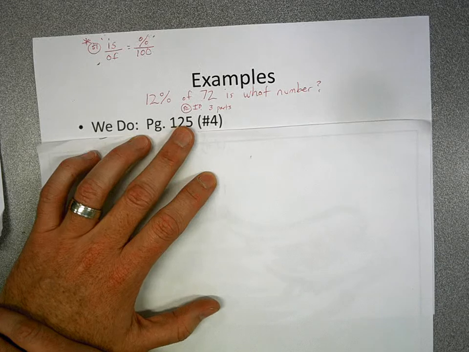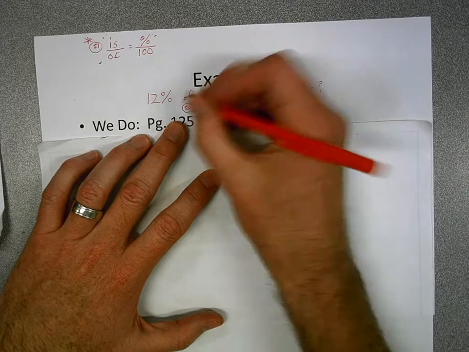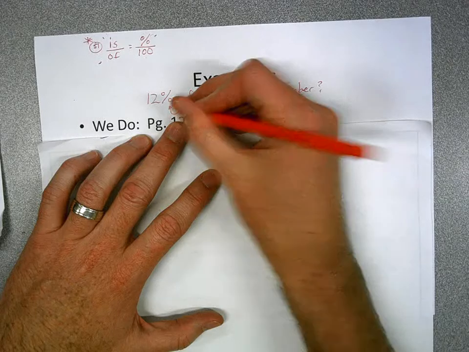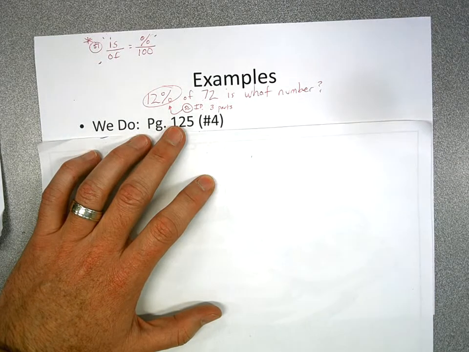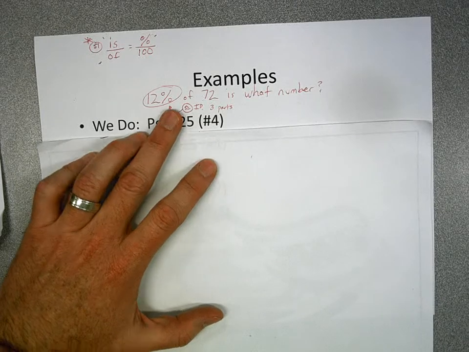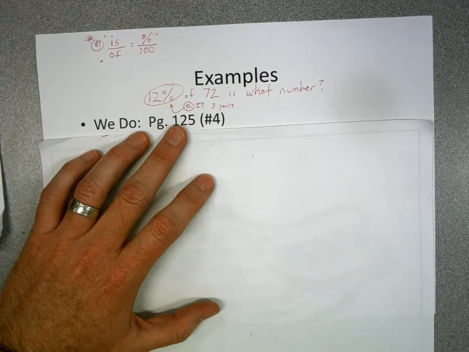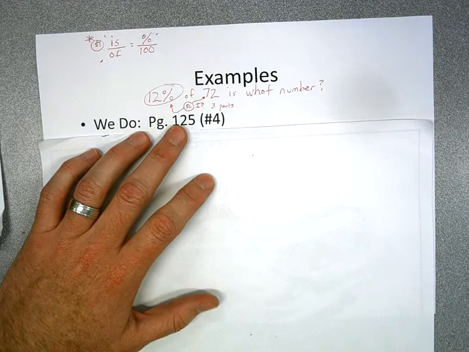So here's how we do it. The very easiest thing, always look for the percent sign. If you can find it, guess what? There's your percent. That part's pretty easy most of the time. If they give you the percent, there it is. Now, if we take a look, here's our number 72. Sometimes this will happen.